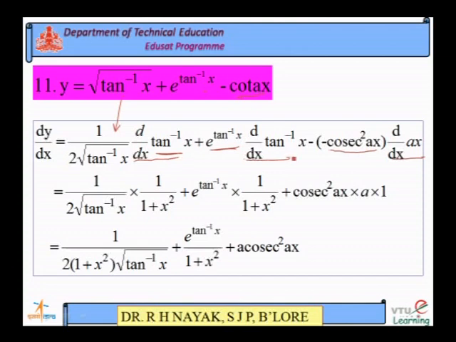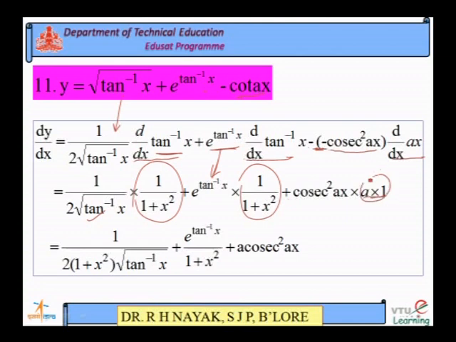So, 1 by 2 root of tan inverse x into differentiation of tan inverse x, which is 1 by 1 plus x square, plus keep e to the power of tan inverse x as it is, differentiation of tan inverse x, again it is 1 by 1 plus x square, minus into minus plus cosecant square of ax into differentiation of ax.